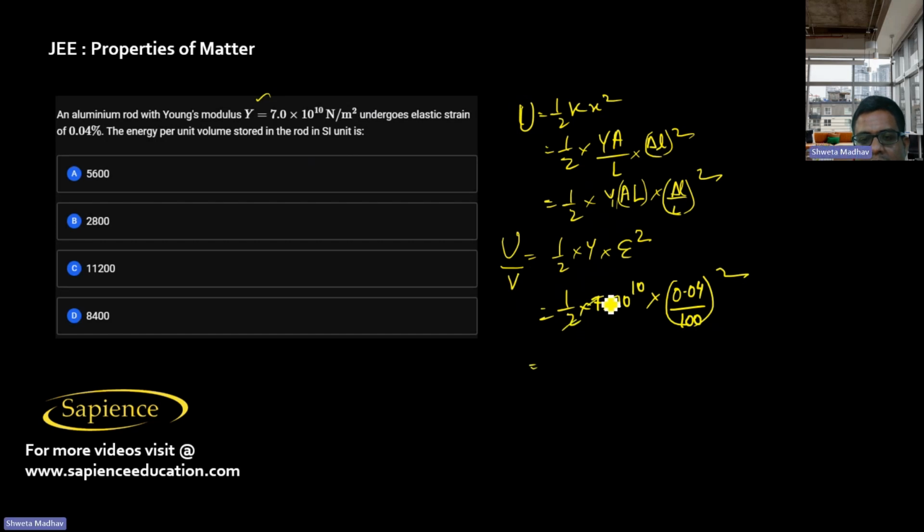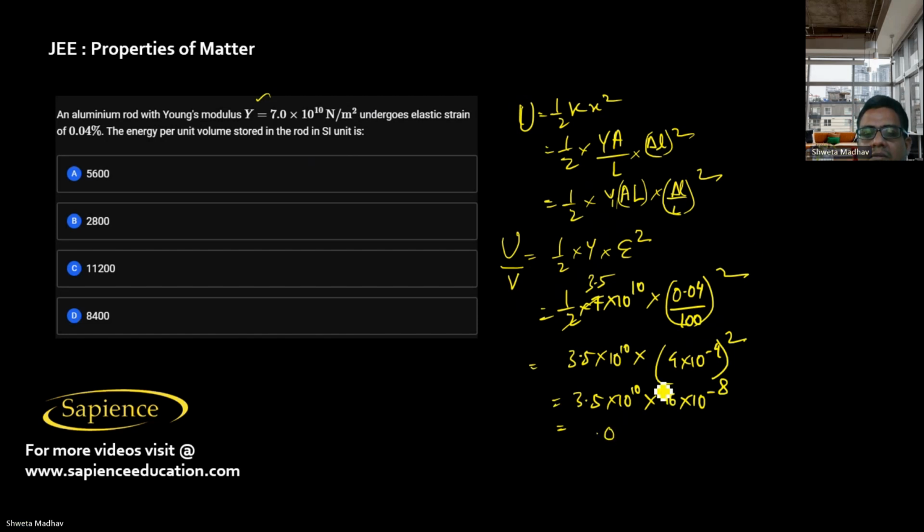Half of 7 is 3.5, so 3.5 into 10 power 10 into (4 into 10 power minus 4) whole square, which is 3.5 into 10 power 10 into 16 into 10 power minus 8. This 16 into 3.5 is 56, so the answer is 5600.